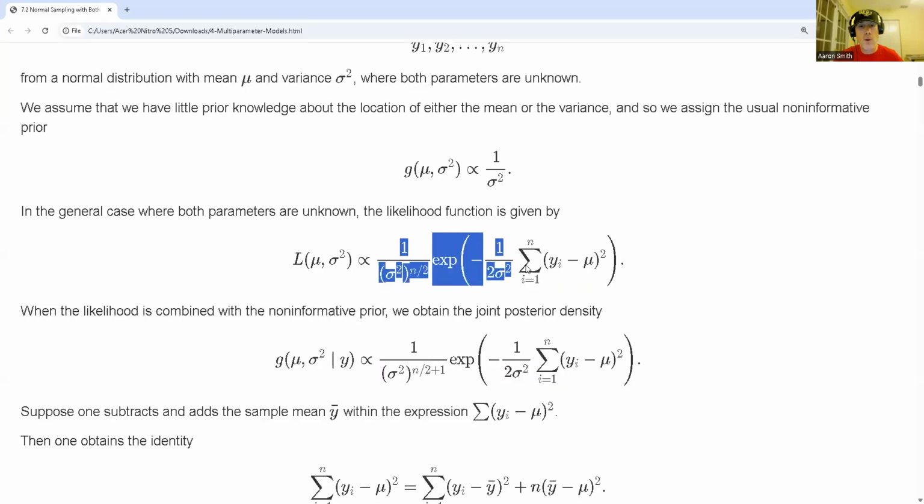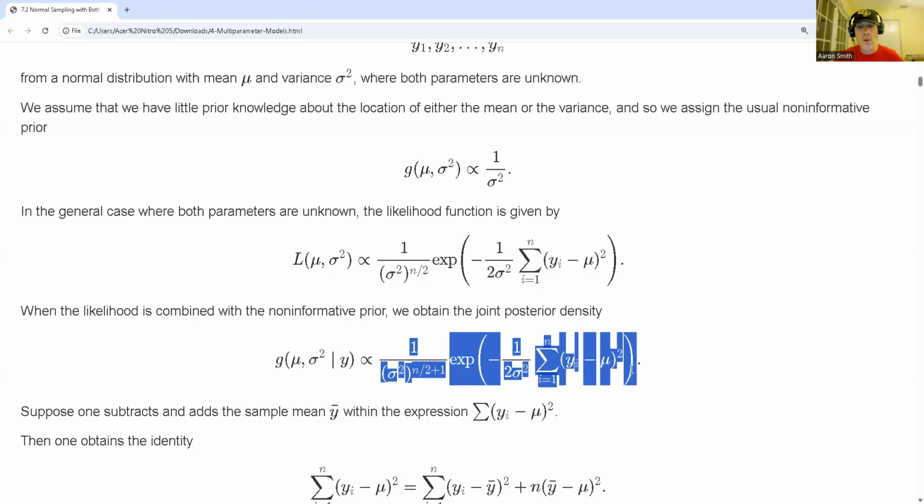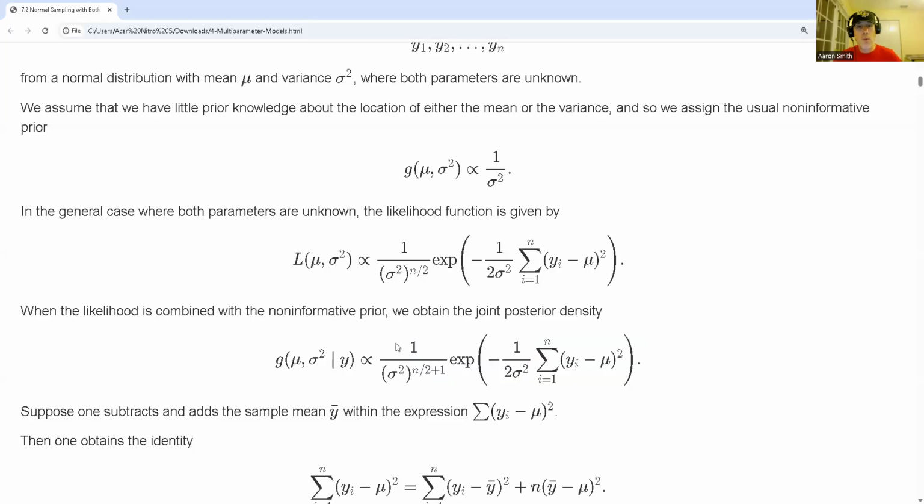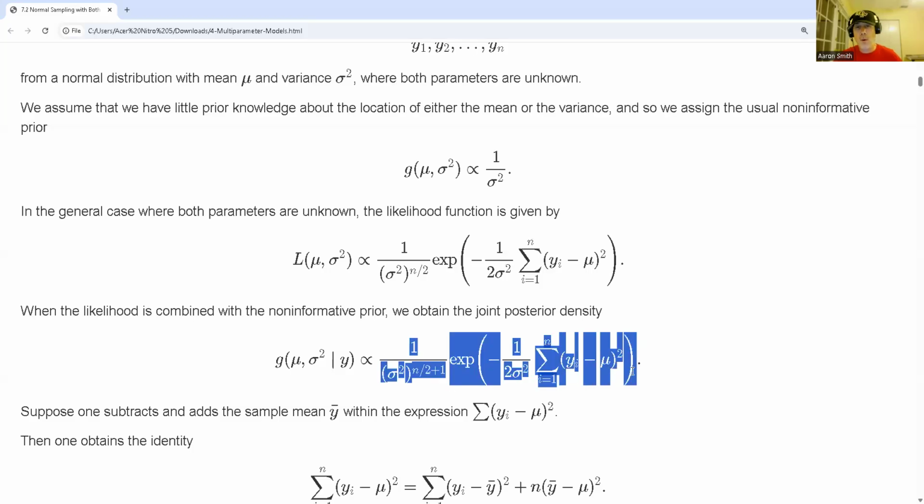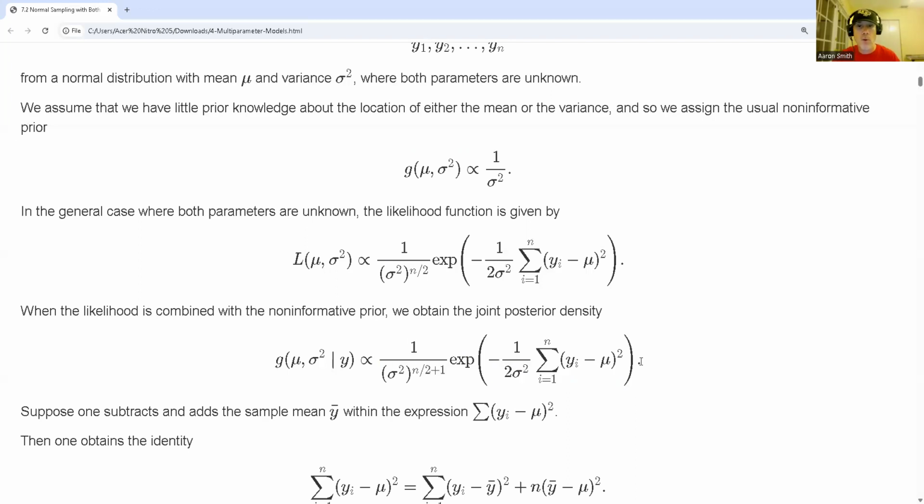So here's the likelihood function multiplied by the prior. Boom, I get my posterior. And so this, except for multiplying by a constant, is a probability distribution that I recognize as being the normal distribution. And so then I can go further and start working through some more details on this.